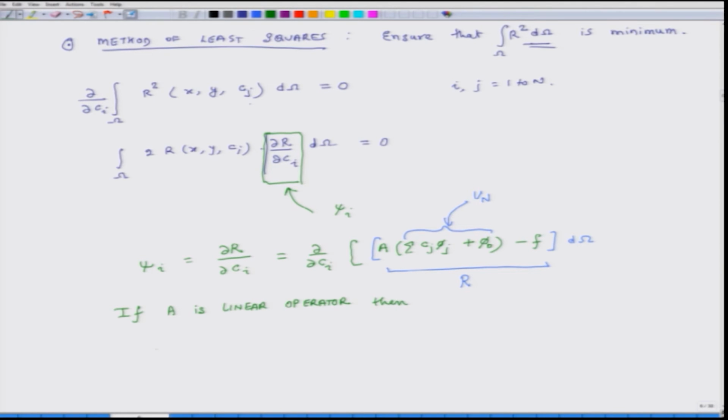if A is a linear operator, then psi I equals, I have to differentiate this entire thing with respect to Ci, right.